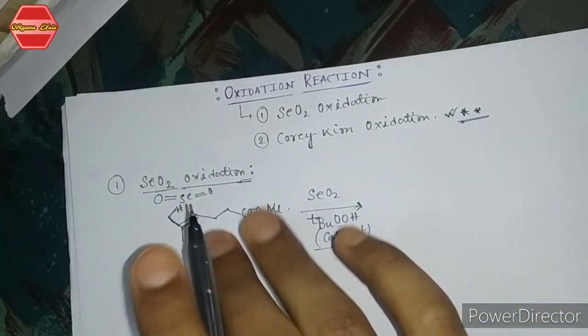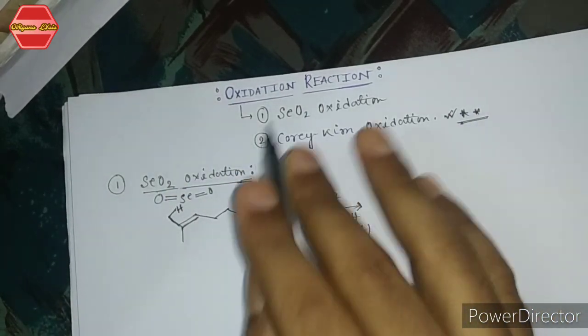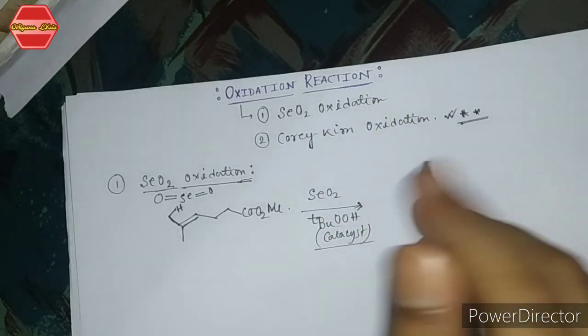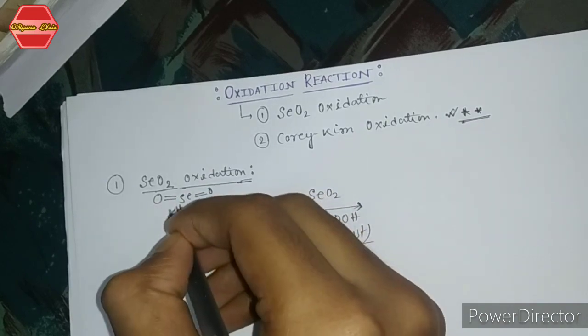So two different types of pericyclic reaction occur during the whole mechanism until the product formation.